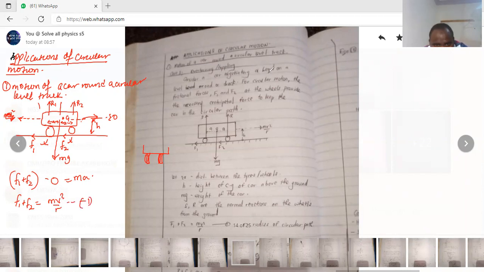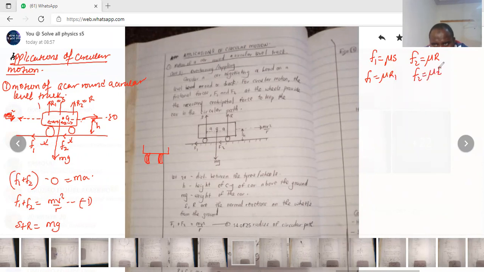When we predict that equation, we can also see that the reactions, if this reaction was R and this one R1 was S, therefore S plus R is also equal to mg. And also, if you look at these reactions R1 and R2, you'll see that F1 is actually equal to mu S, while F2 will be equal to mu R. Or this can be F1 is equal to mu R1, then F2 is equal to mu R2.